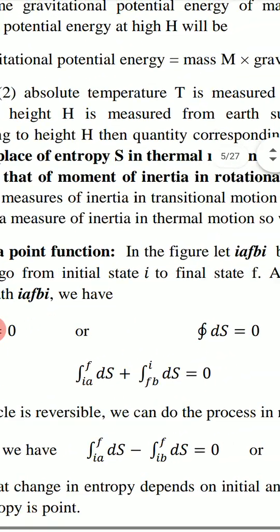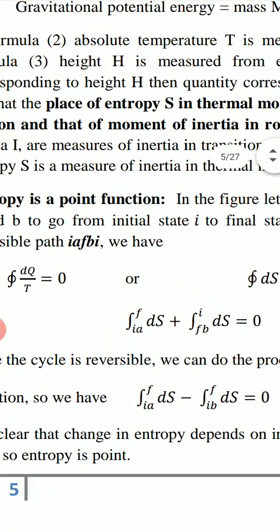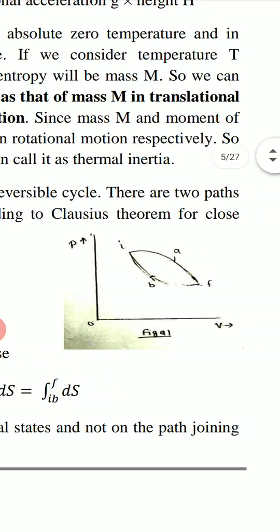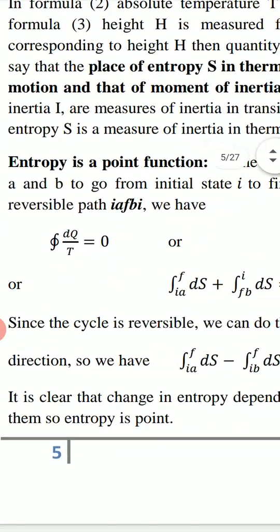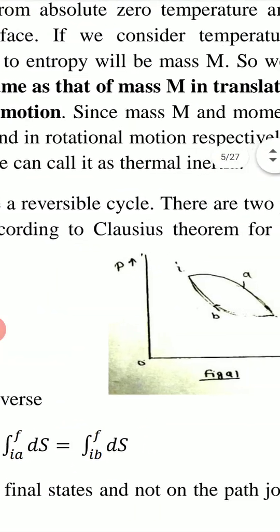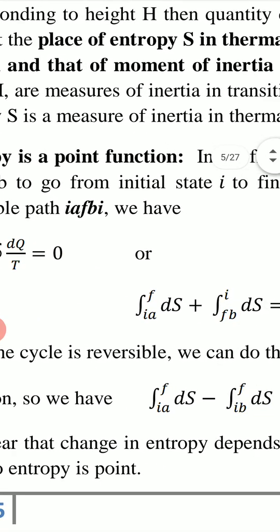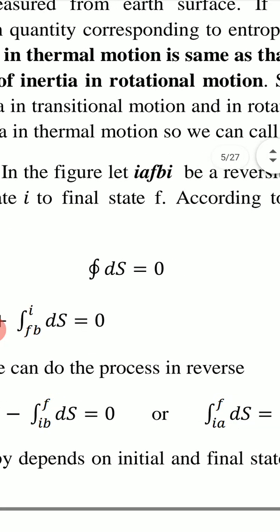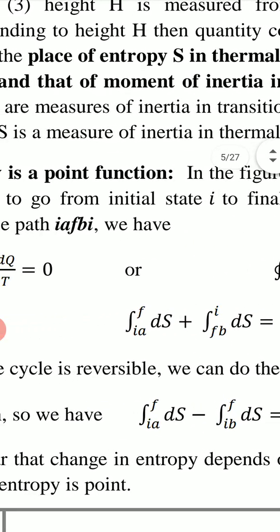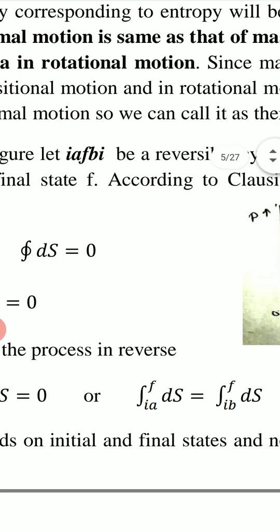In formula 2, absolute temperature T is measured from absolute zero temperature, and in formula 3, height h is measured from Earth's surface. If we consider temperature T corresponding to height h, then quantity corresponding to entropy will be mass m. So we can say that place of entropy S in thermal motion is same as that of mass m in translational motion, and that of moment of inertia in rotational motion.